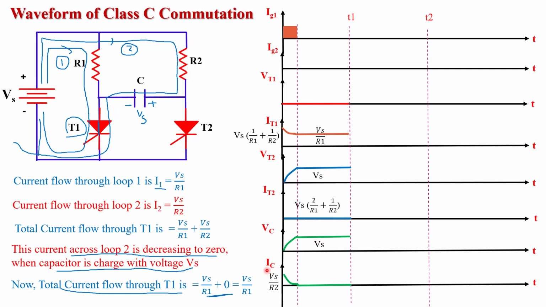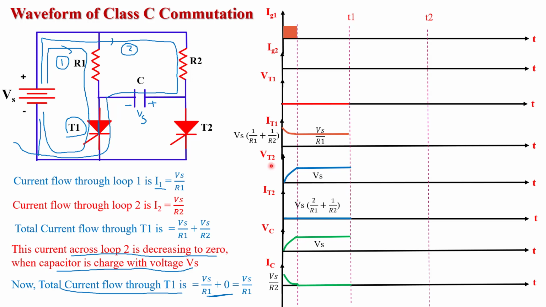Now what about the current across the capacitor? When the capacitor voltage starts building up, the current across the capacitor starts decreasing. So at this point, when the capacitor is charged with maximum voltage Vs, the current across the capacitor is 0.